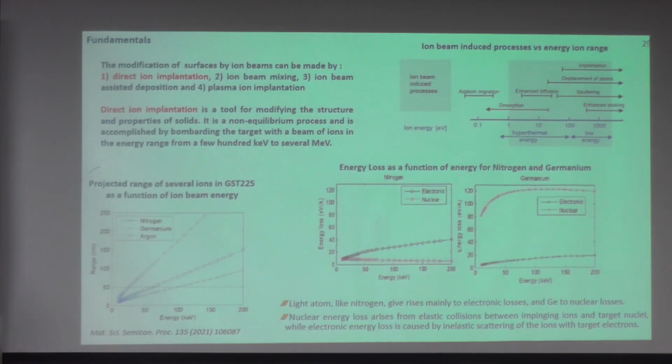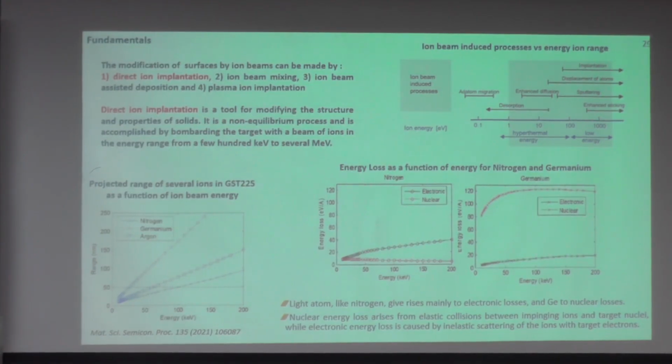If you look at some data on the projected range of ions as a function of ion energy, here we can see how far the ions can penetrate into the material. This is an energy-dependent process, and also an ion-dependent process.